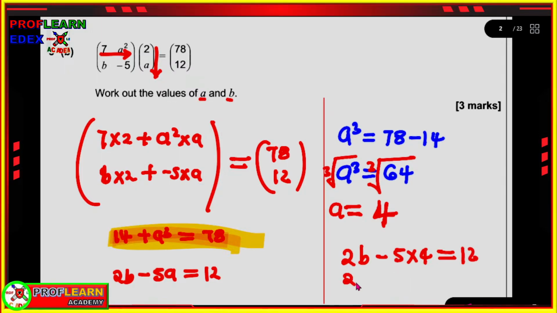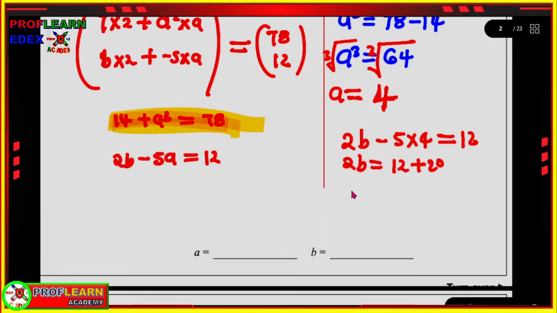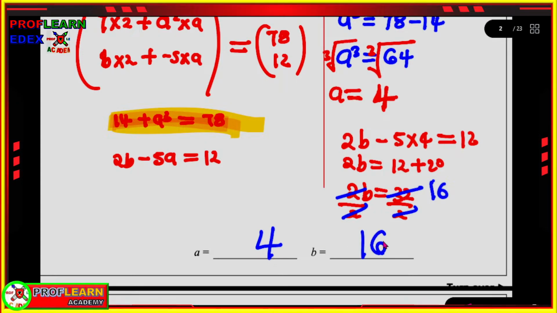So 2B is equal to 12 plus 20, which reduces to 2B is equal to 32. Divide both sides by 2, and you are going to get 16. So we can say A is 4 and B is 16 as the final answer.